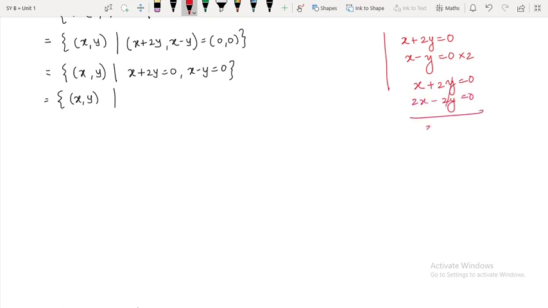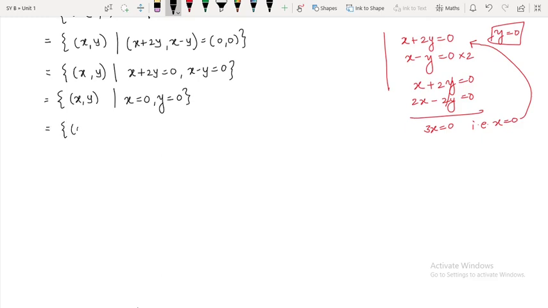Add them, so you'll have 3x = 0, that is nothing but x = 0. So if you put the value of x in this equation, then you'll get y = 0. So the solution to this system is x = 0, y = 0. Therefore the kernel is nothing but singleton 0. Therefore you can say kernel of T is equal to singleton 0, and therefore T is 1-1.